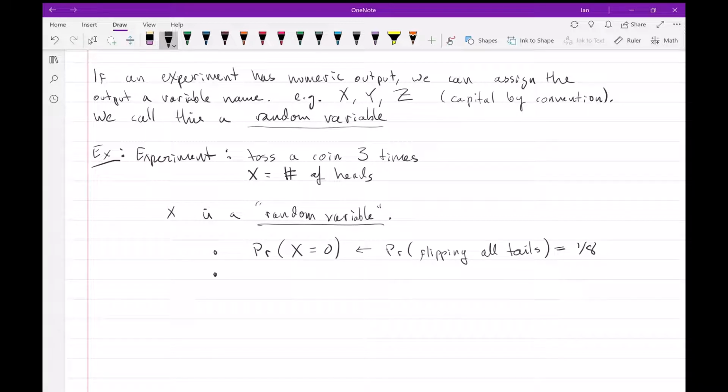One might also ask, what is the probability distribution for this random variable? What is the probability distribution of x? This is how this question would be phrased.